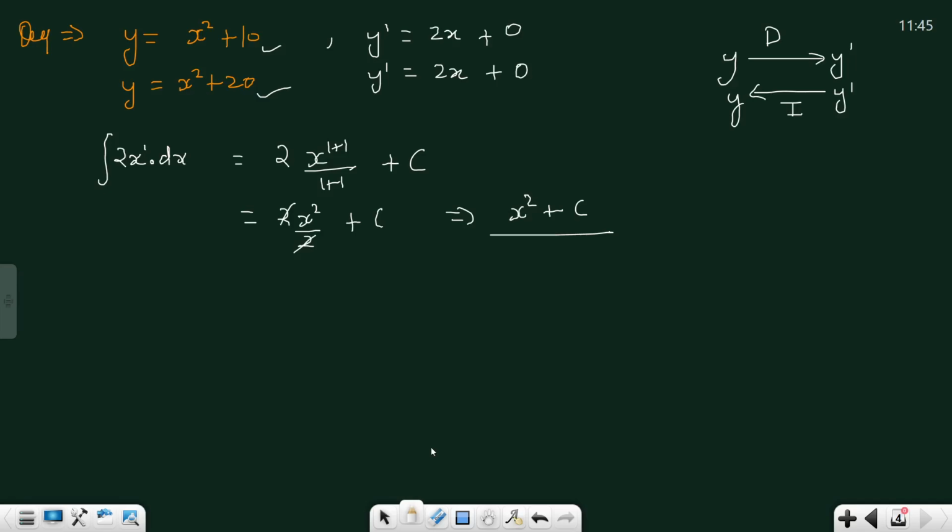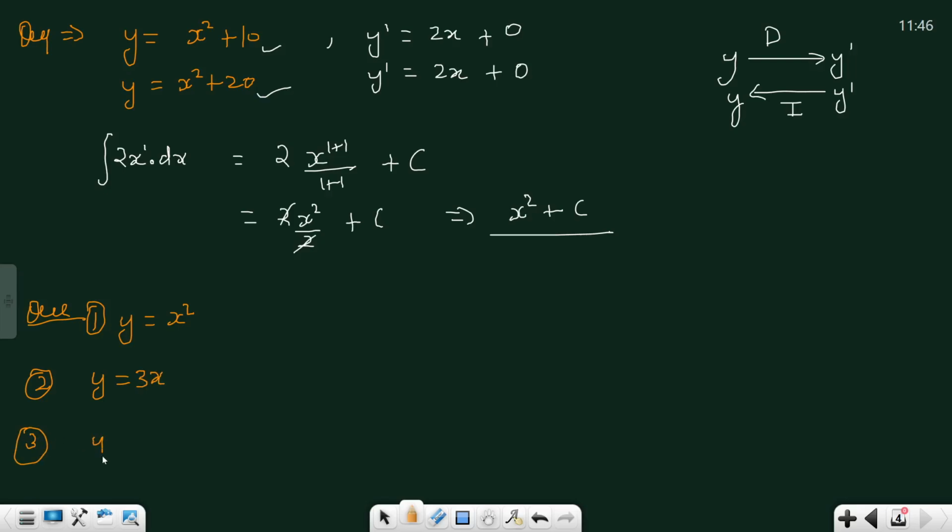Now solve the following questions. The first one: y is equal to x square plus 3x plus 5. The second one: y is equal to 3x.